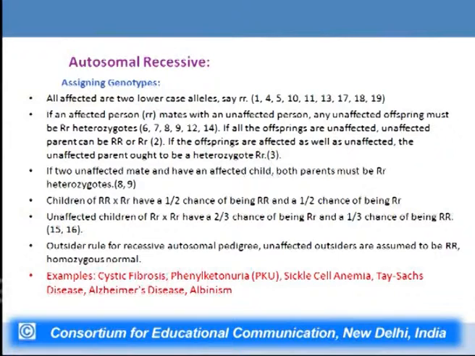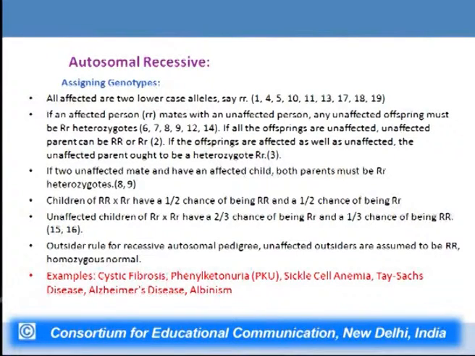All the affected individuals have two lowercase alleles, that is, recessive alleles in homozygous condition. If an affected person mates with an unaffected person, any unaffected offspring thus produced must be heterozygous, that is capital R and small r. If all the offspring are unaffected, then the unaffected parent can be either capital R capital R or capital R small r.